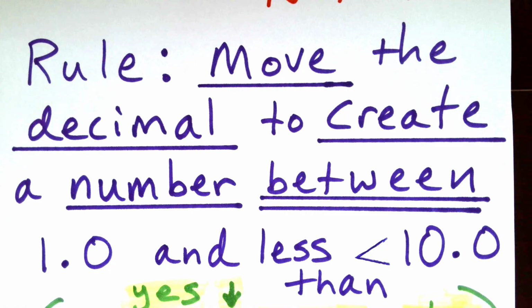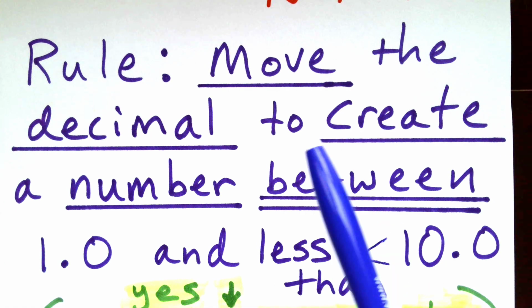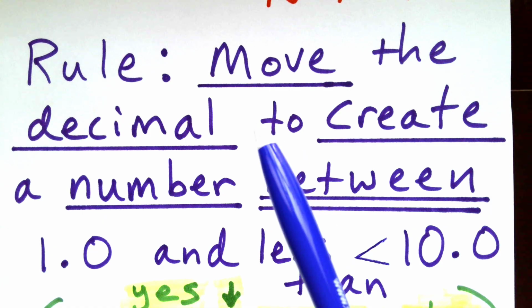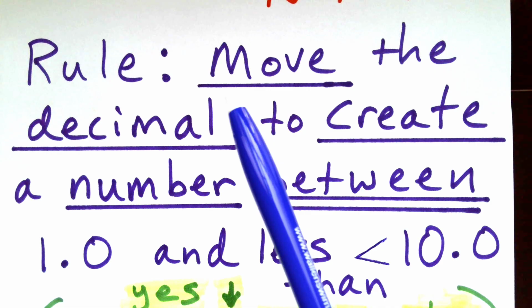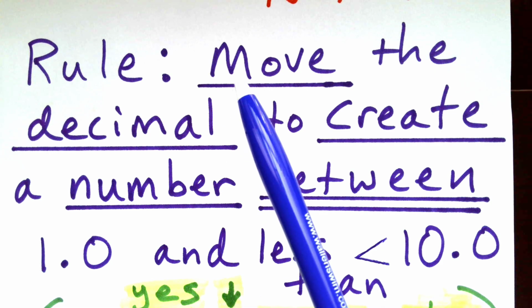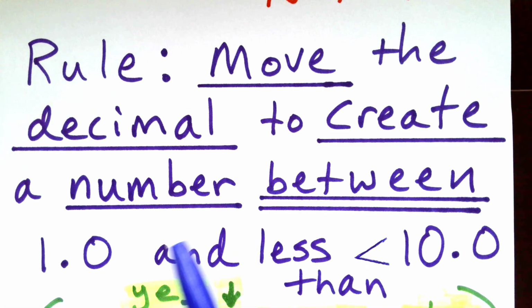So remember, you're going to be converting really large numbers or really small numbers when you're converting from standard form into scientific notation. So you'll be moving the decimal one direction or another in order to create a number between 1.0 and a number that's less than 10.0.